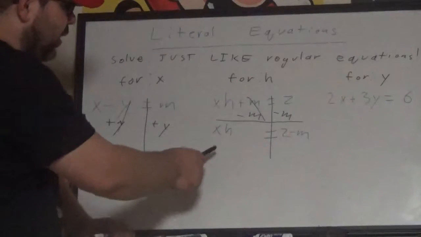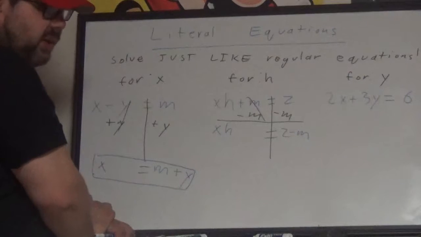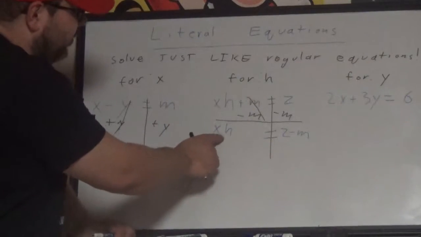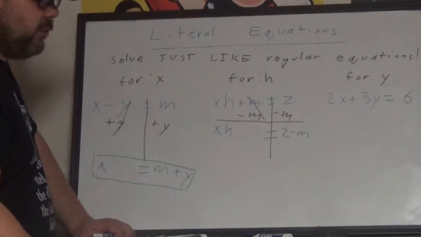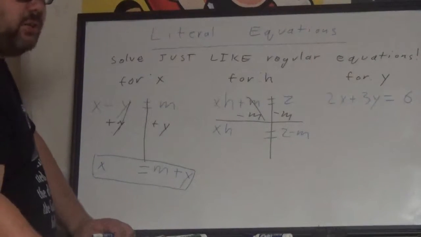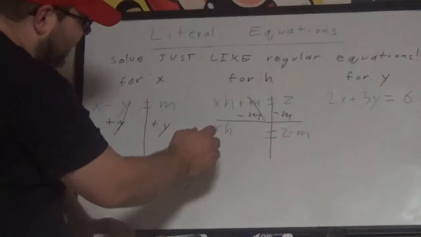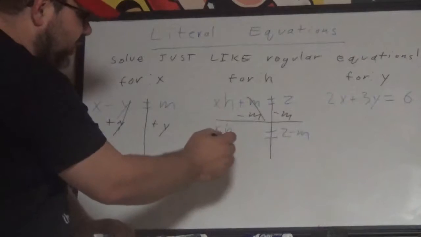Now we're almost done. We have xh. Remember that when you see two variables together, or a variable and a number together without a sign, then we assume it's multiplication. We know it's multiplication. What's the opposite of multiplying? Of course, it's dividing.